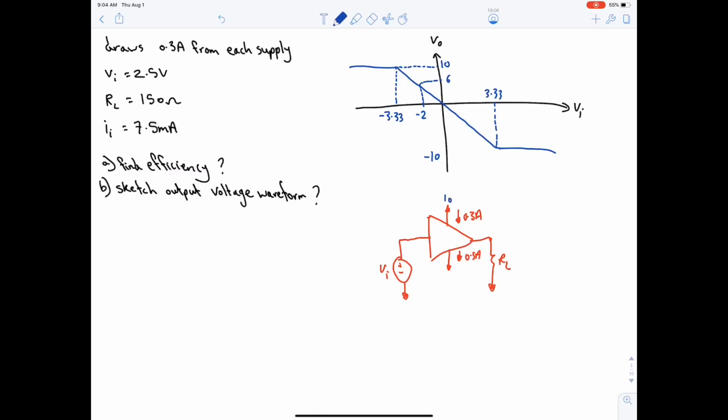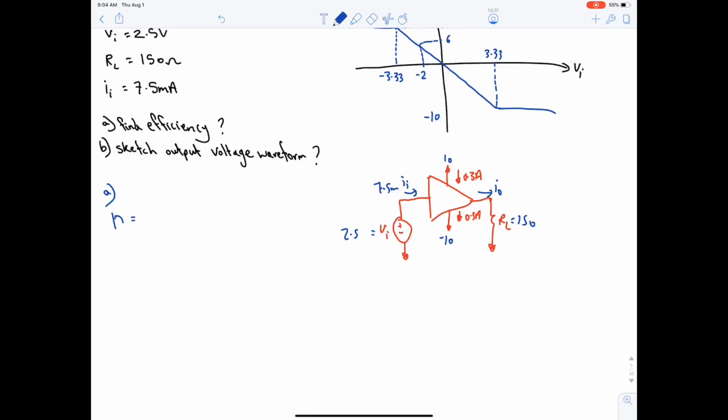It's 10 and minus 10. How did I get these numbers? From the graph, from the sketch. Okay, now what's I input and I output? V input is 2.5, RL is 150, I input is 7.5 milli. We're not given I output, no problem. We need to find efficiency.